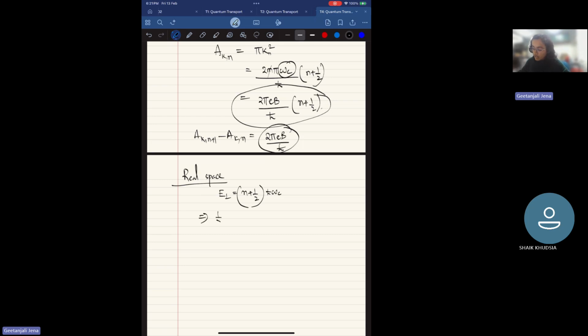So this will be half m v square. In the momentum space, we have written the energy in terms of k, but in real space, we write energy in terms of velocity. And velocity, you can write as omega r.